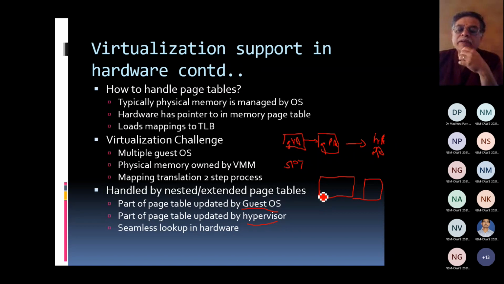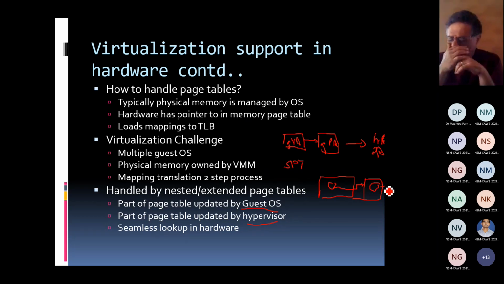What we can do in hardware is, when a page is to be loaded, you need to do a page table walk, which means given the virtual address, you need to look up the physical address. Once you look up this physical address here, it will be used to index into this table, and from here you get the actual physical address, which will be used for your actual lookup from memory.